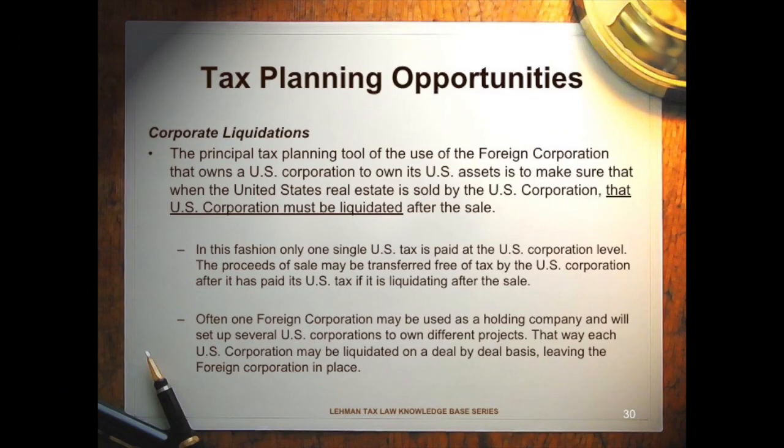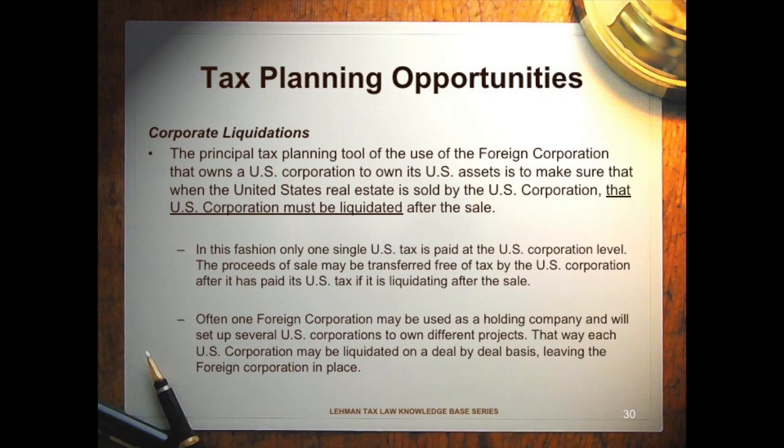Now, we're going to talk about just a couple of estate tax and U.S. income tax planning techniques. And there are several different ways to make the best of U.S. taxes.